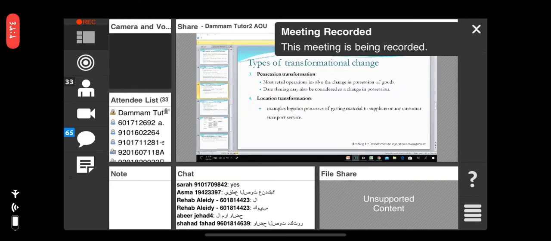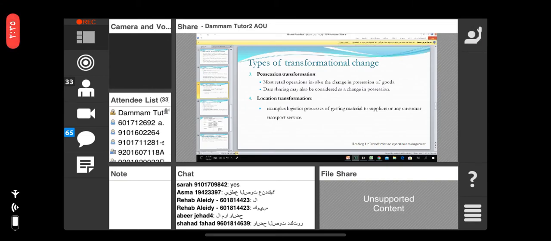Let's go back here. The third factor for the transformational change, what we need is possession transformation, which is possession of goods or material. For example, for most related operations, a retailer, what do they need?